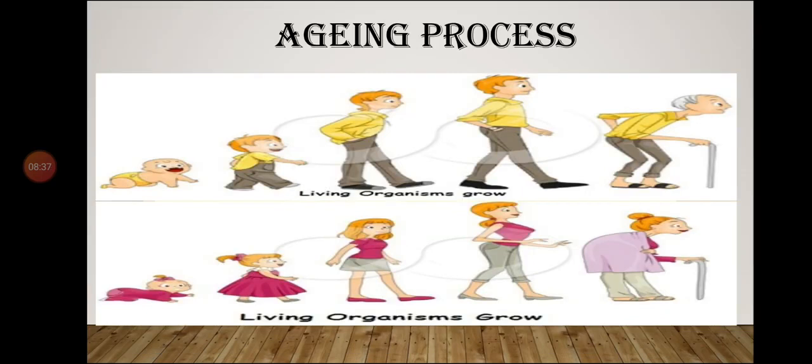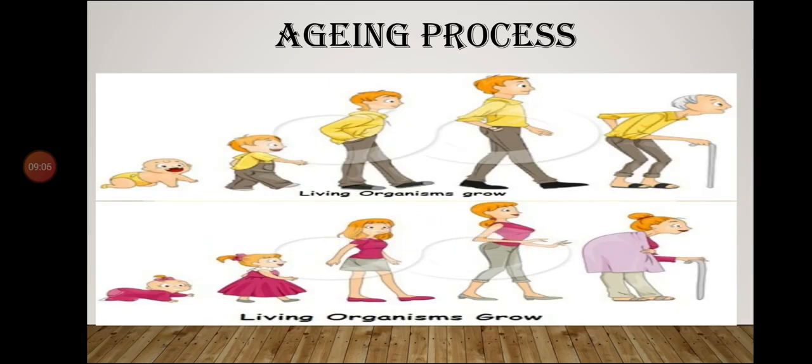The next is the aging process. You can see in this diagram, initially a small child is shown, then the child grows and becomes a small boy, then a young person, then a middle-aged person, and finally the person becomes old. This process is known as the aging process.